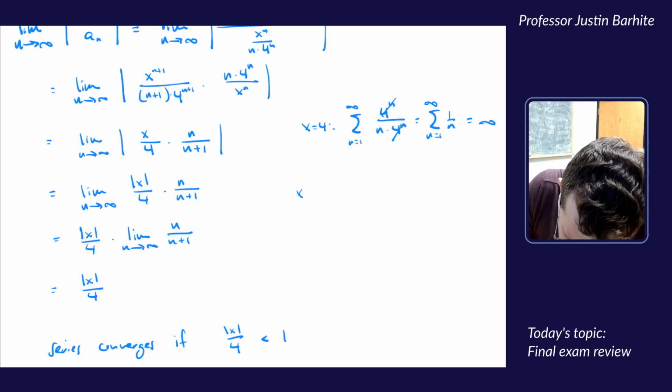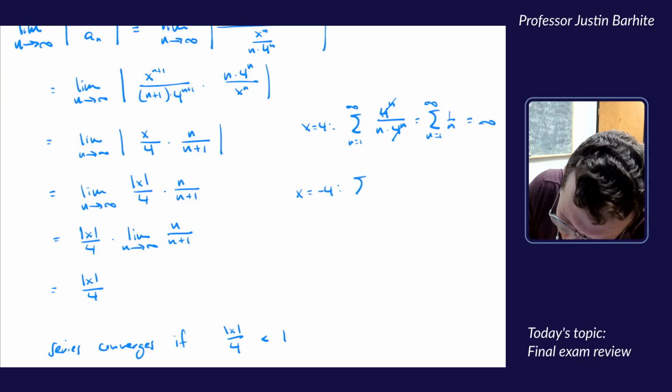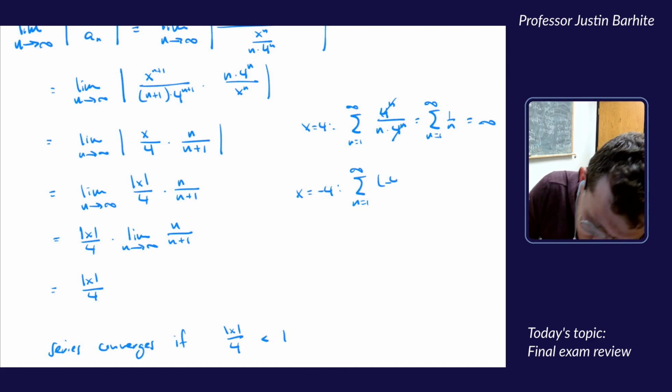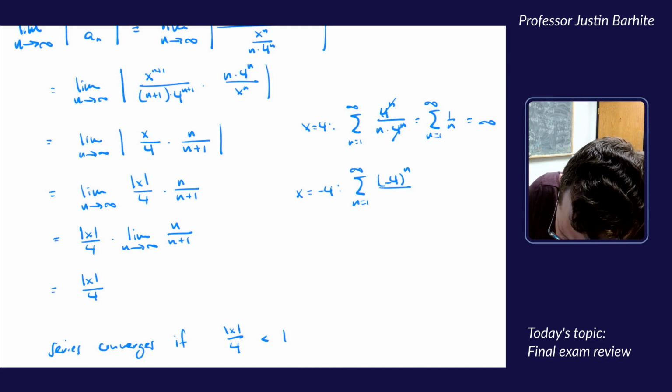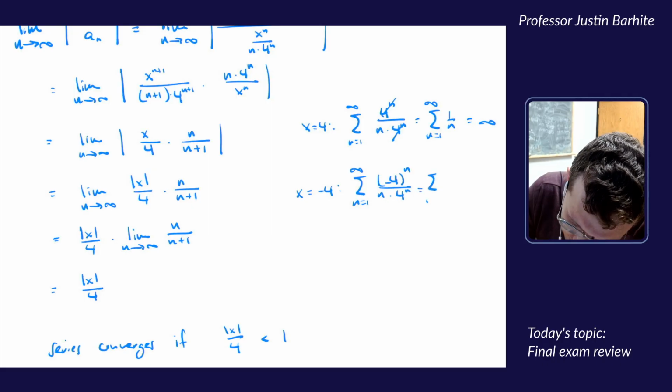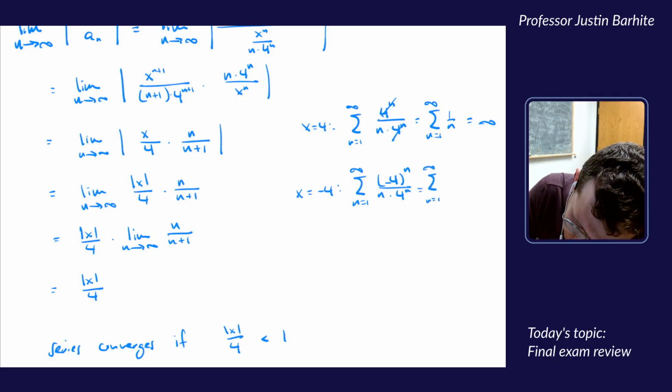At x equals -4, however, we get (-4) to the n over n times 4 to the n. That's the same thing if I expand the numerator as (-1) to the n times 4 to the n over n times 4 to the n.